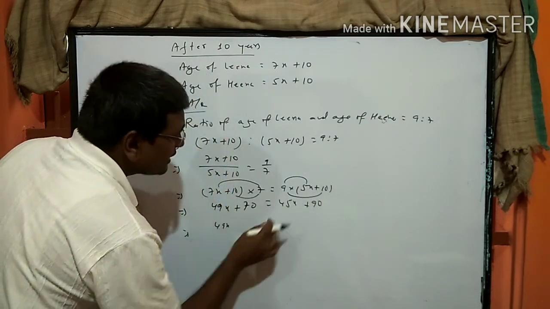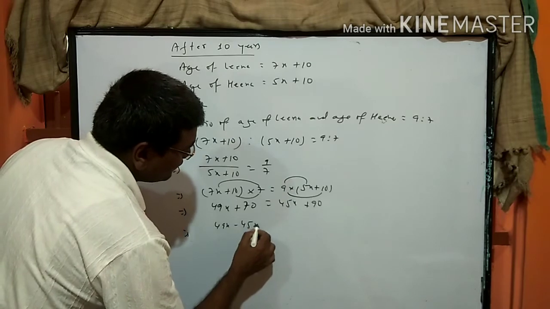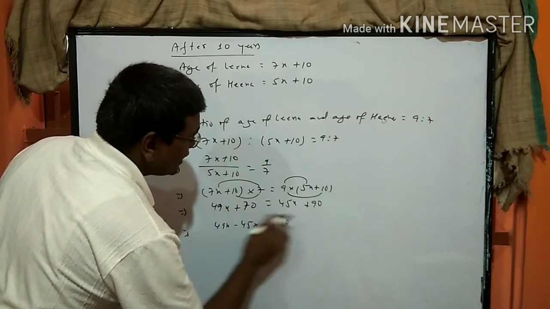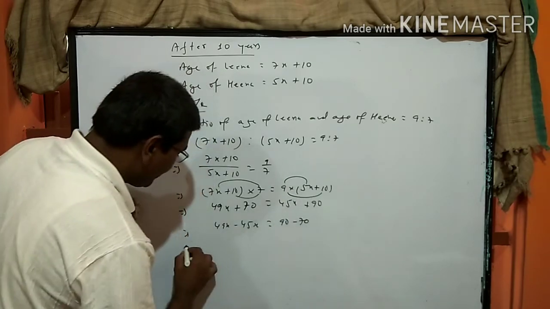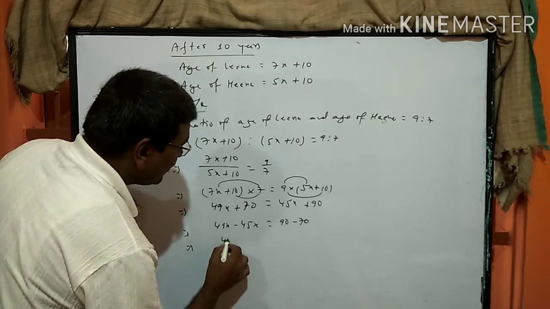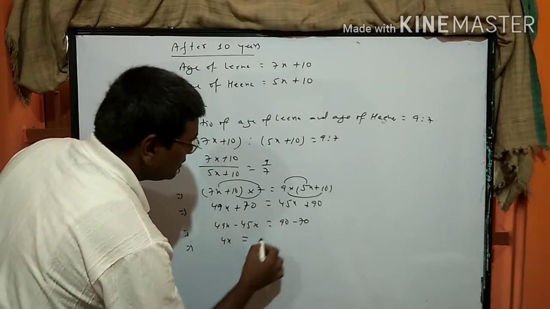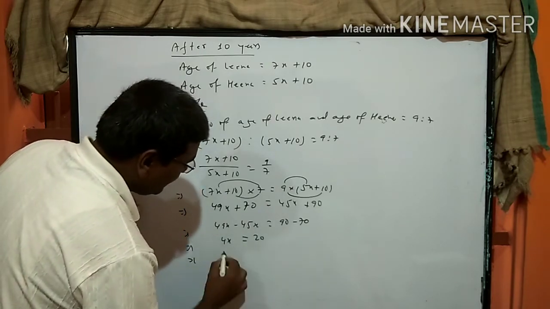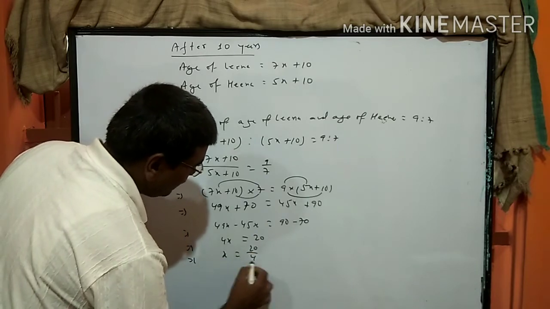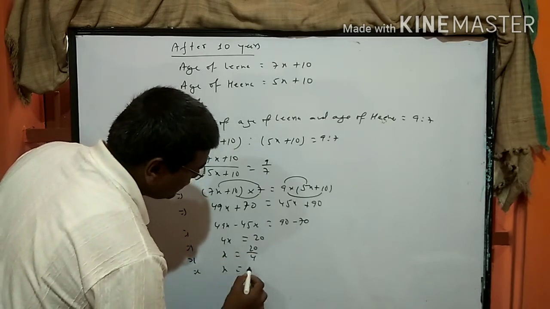Now 49x, bring it to the left side, take it to the right side. 4x equal 20 and here x equal 20 by 4 and x equal to 5.